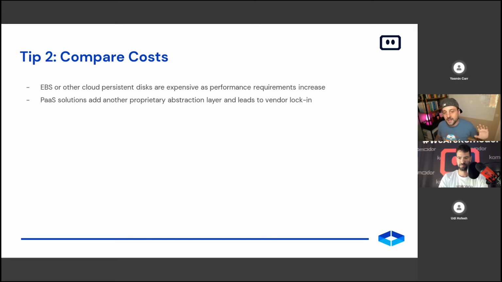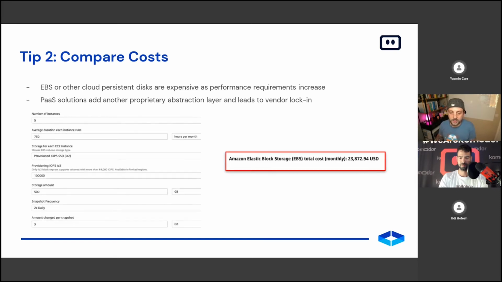If you take the example of RDS or any solution that is leveraging, let's call it, cloud persistent disk, which usually is a network disk that is attached to your nodes, then it can be very costly. So always make the comparison. So here, as an example, I've just been using the traditional cost explorer from AWS. If you want 100K IOPS, which is not that much, knowing that any NVMe drive today can do 5 times that.